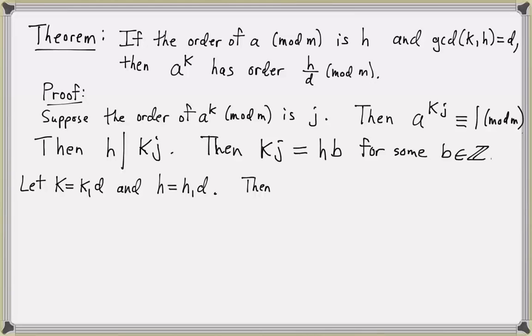Then replacing k with k1d and h with h1d, we see that k1d times j equals h1d times b, and we can divide both sides by d.